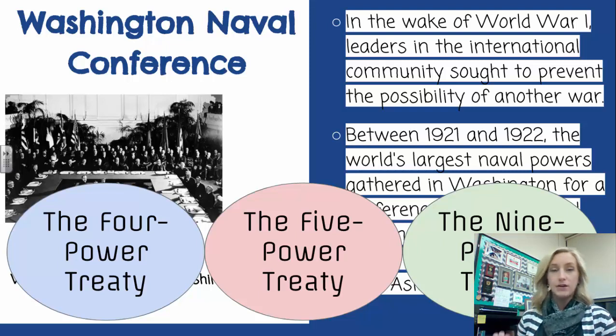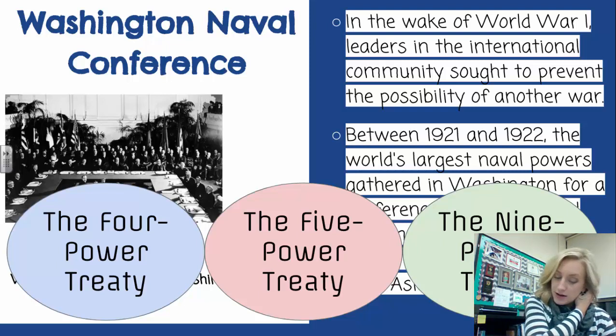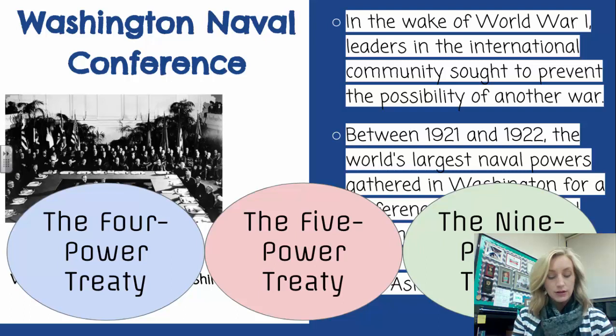You can't just have a monopoly, essentially. You can't just control one of the trade markets in China. So the 9-power treaty promised that each of the countries signing, which included 9 of them, would respect the territorial integrity and the independence of China. So no one's going to colonize and control China and their trade markets.